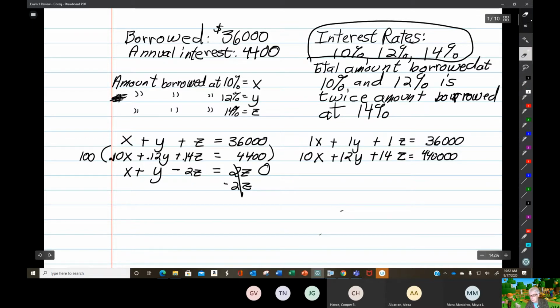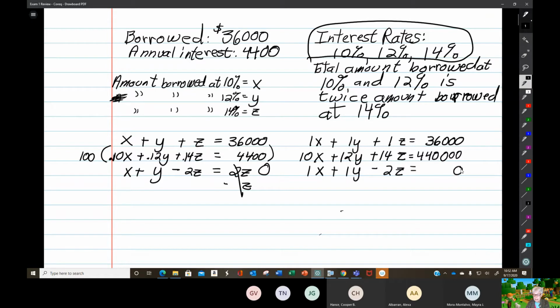And that's 440,000, because we had to multiply 4,400 by 100. $440,000 and 1x plus 1y minus 2z equals 0.